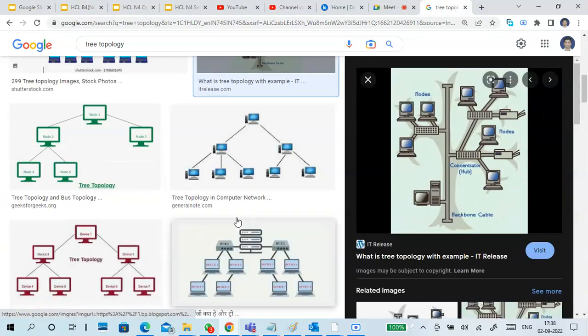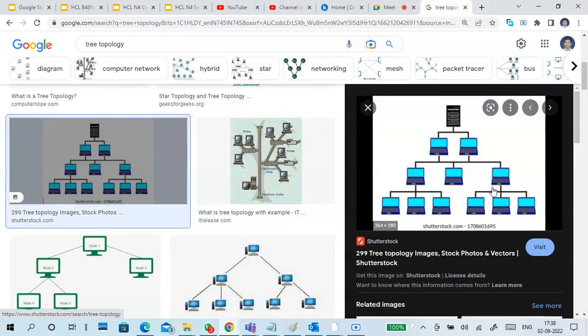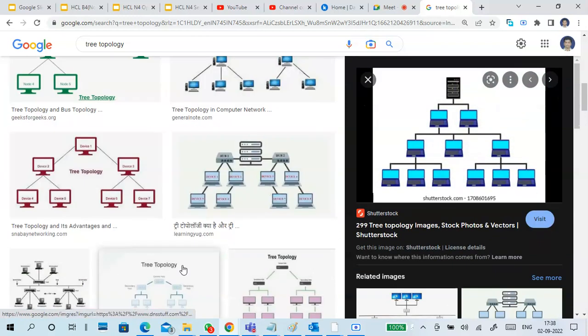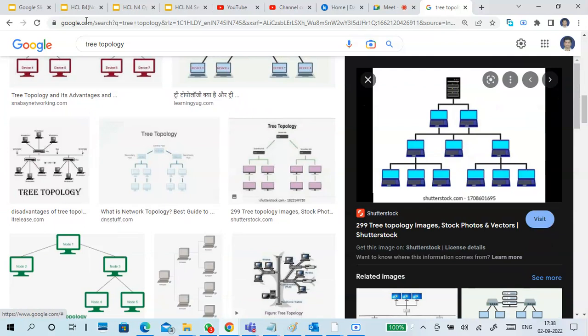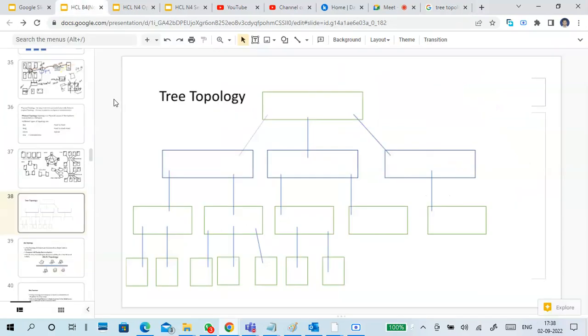Here it is common. In tree topology there is a main core system connected to multiple systems and subsystems. Of course tree topology exists, but what I described is kind of existing as a type.